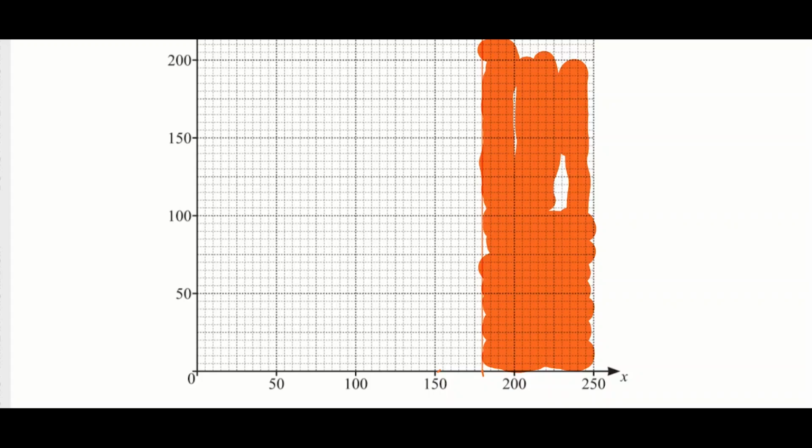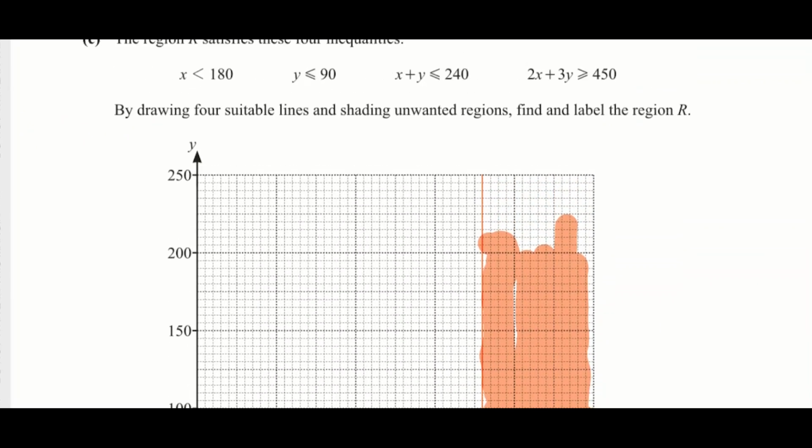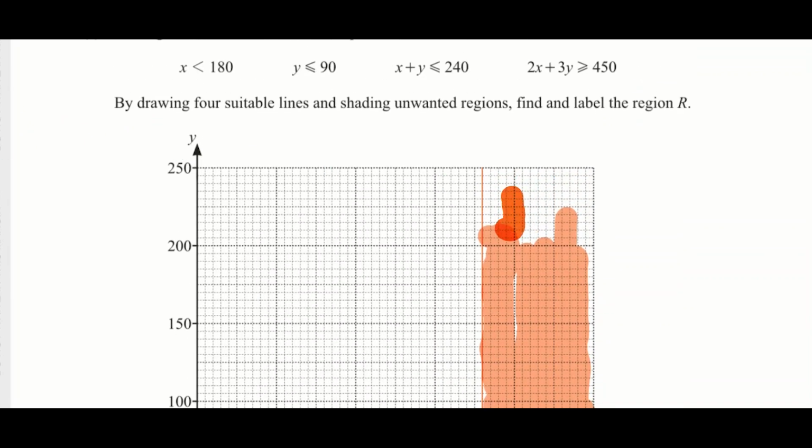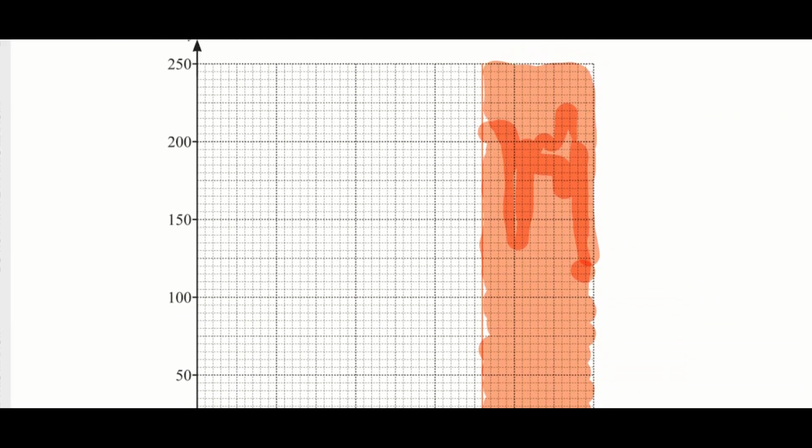So I can just do something like this. So this is unwanted here. Okay, so I can scroll up a little bit. Okay, so don't need this area. Oh, sorry. So don't need this side. Okay, so I just managed that like that.